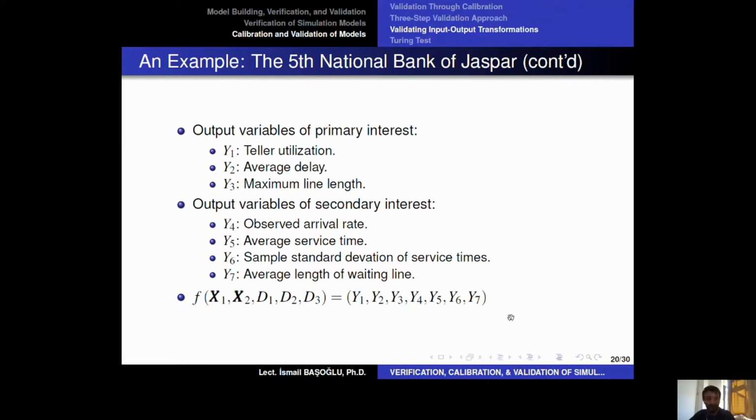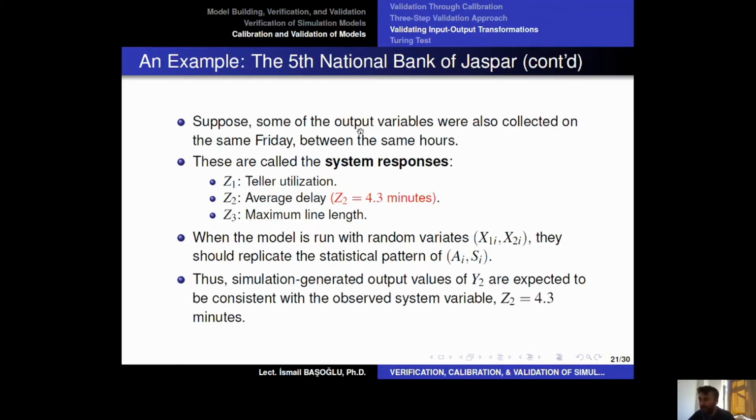of 7 values. So suppose some of the output variables were also collected on the same Friday between the same hours. So let's just say we have collected some output variables from Y1 to Y3. So these are called the system responses. For the same Friday, we have collected the teller utilization at that 2 hours of time where we collect the input data.